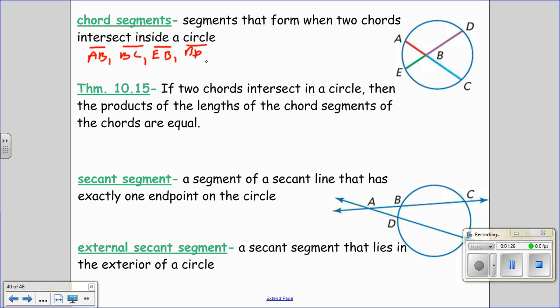Those are the chord segments because they're formed by taking chord AC and chord ED, which meet at point B. So the first four I mentioned are your chord segments.